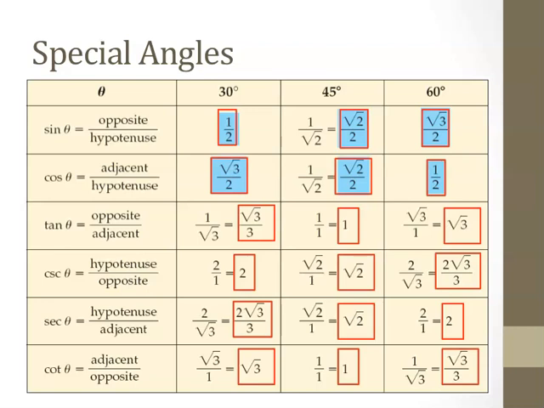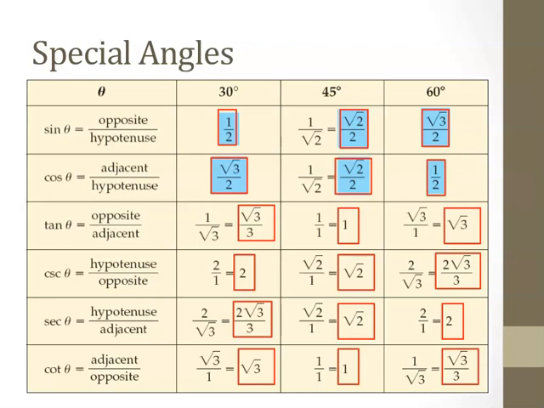So if sine of 30 is 1/2, then cosecant of 30 is the reciprocal of that, so 2 over 1, which is 2. Secant of 30 is going to be the reciprocal of root 3 over 2, so if you flip that, rationalize the denominator, we get 2 root 3 over 3. For cotangent, the reciprocal of tangent, so 1 over root 3 flipped over is root 3 over 1, which is root 3. And you can do the same thing for the rest.